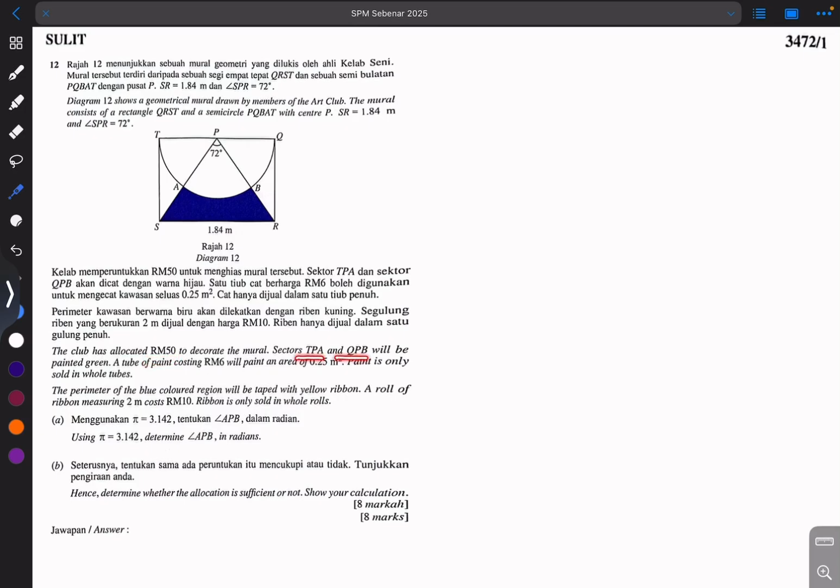Sectors TPA and QPB will be painted green. Okay, so they want to paint this green color. This one green color. This one also green color. Okay, a tube of paint costing 6 ringgit will paint an area of this much. Paint is only sold in whole tubes.